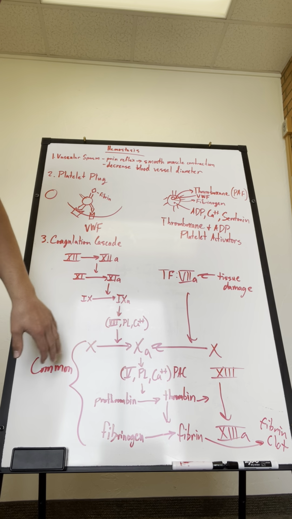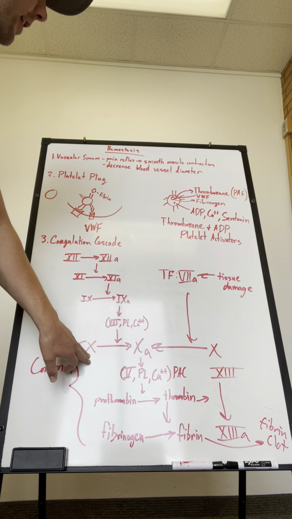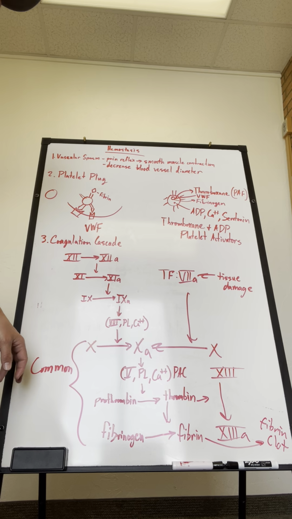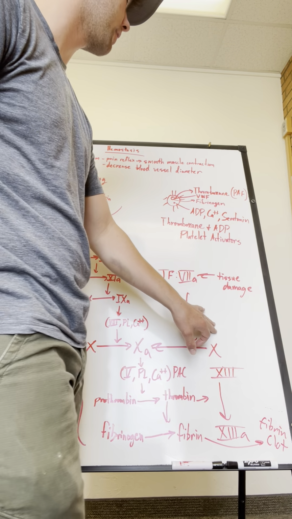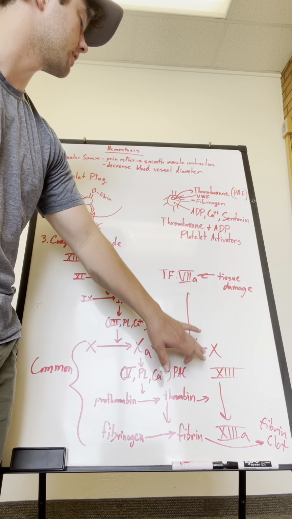Finally, once we form this complex, we're going to activate factor 10. 10 is now in the common pathway. If you look over here, our extrinsic pathway will also activate factor 10.